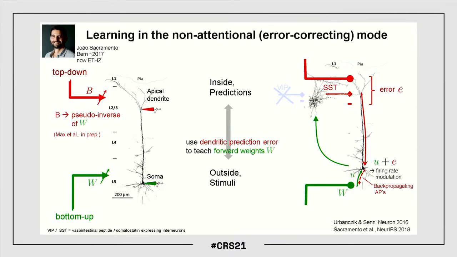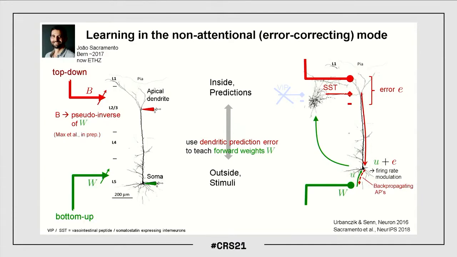And together they fire to tell downstream neurons, and they also have this action potential that propagates back to the site of these synapses here. So they were producing their contribution, the U, to that overall spiking. They are now getting the full spiking that was produced by U plus the error, and so can, by subtraction, figure out what the error was up there that was told by all these upper layer neurons.